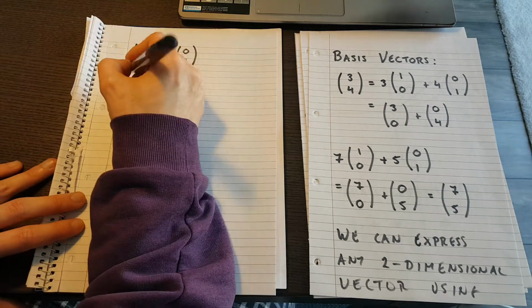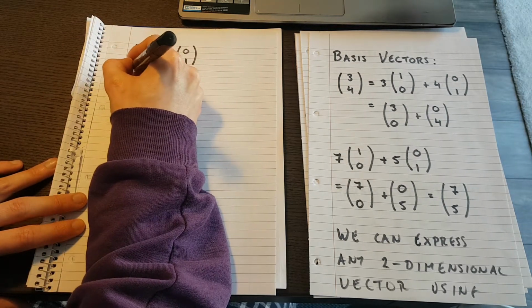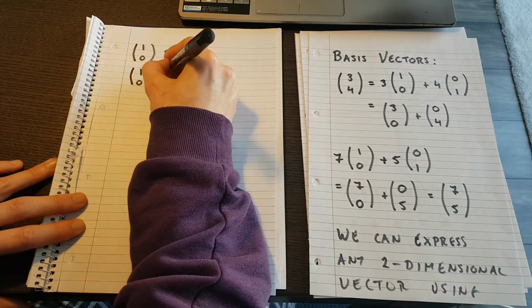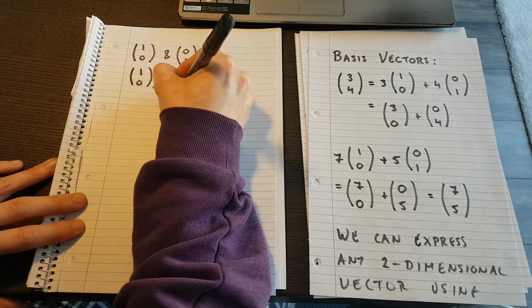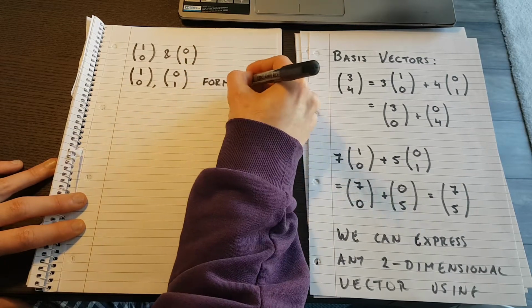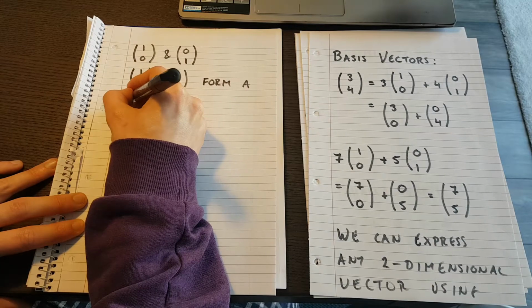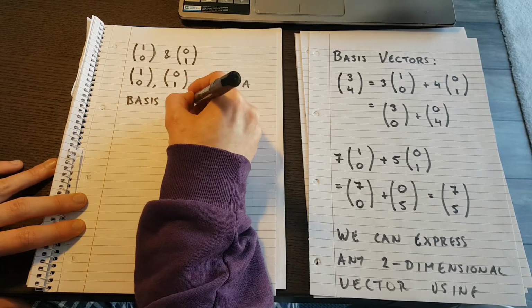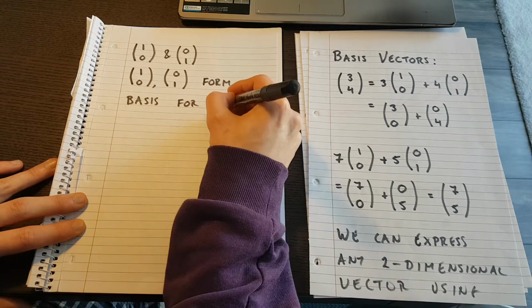So these vectors, 1, 0 and 0, 1, form a basis for the plane.